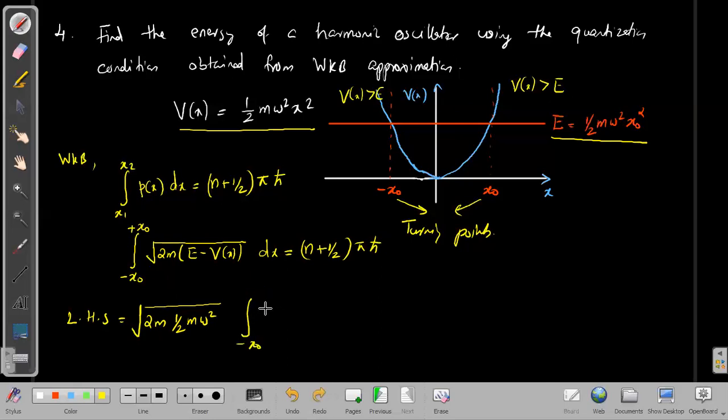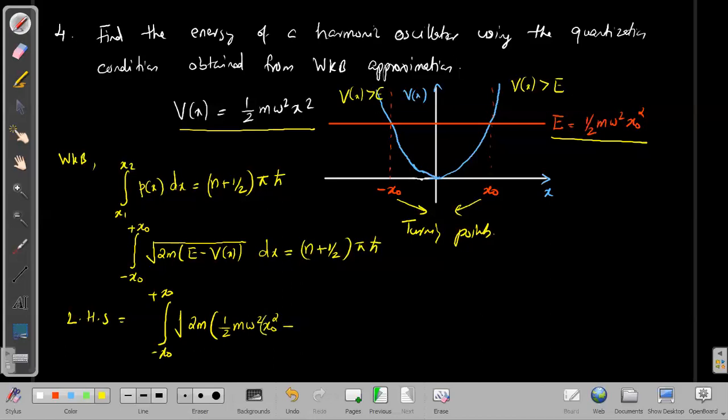I think better I will do it step by step. I am not skipping steps, as that would lead to confusion for some of you. So the integral from minus x0 to plus x0 of square root of 2m times (half m omega square x0 square minus half m omega square x square).